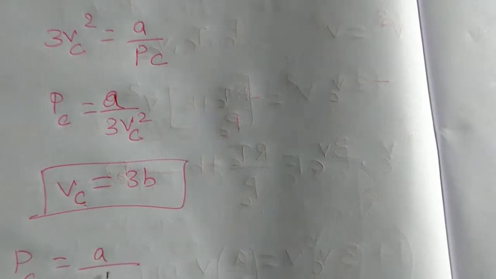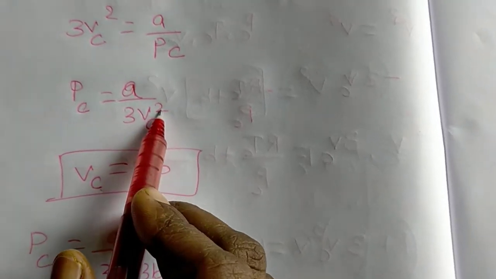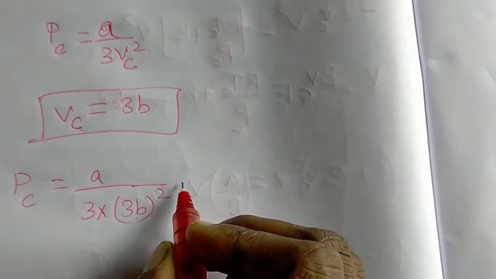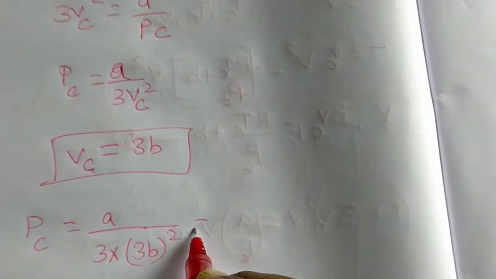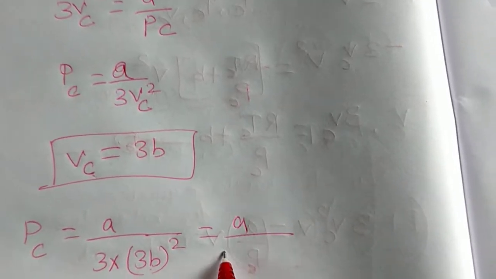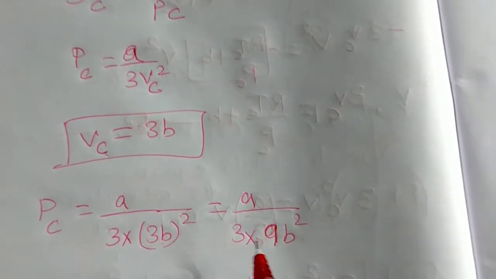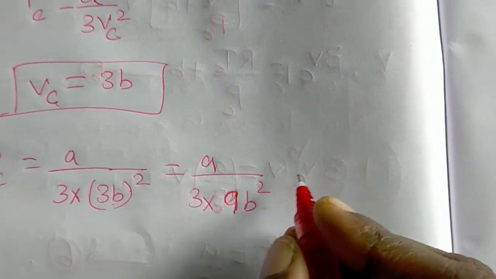Then you will get PC is equal to A divided by 3 into 3B the whole square. This is VC square, but we substituted only the value of VC. So square this and you will get A divided by 3 into 9B square. 3 into 3, 9, 9B square.